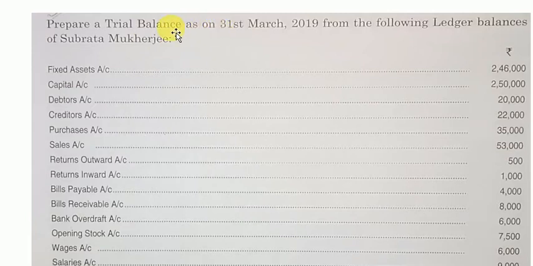If I read this question, it says prepare a trial balance as on 31st March 2019 from the following ledger balances of Subrata Mukherjee. The first heading is fixed assets. Remember this is the ledger account fixed assets with a balance of 2,46,000.